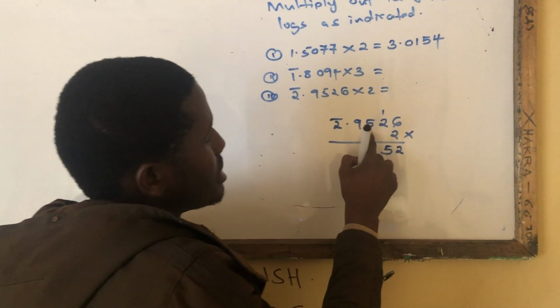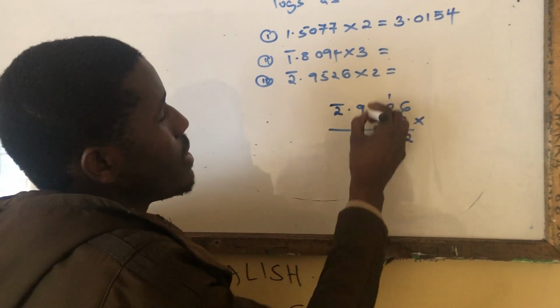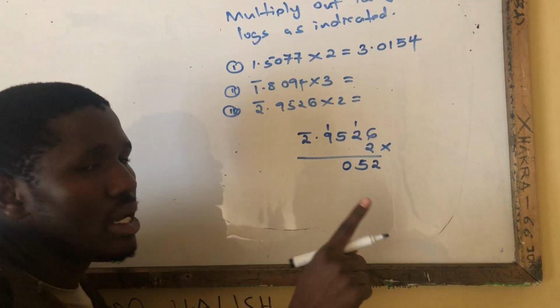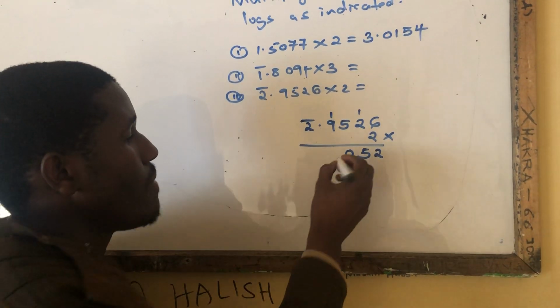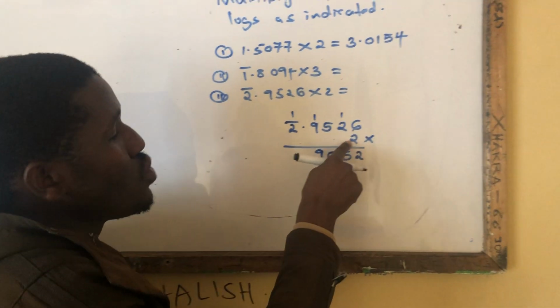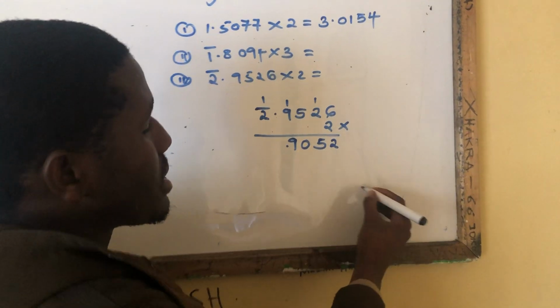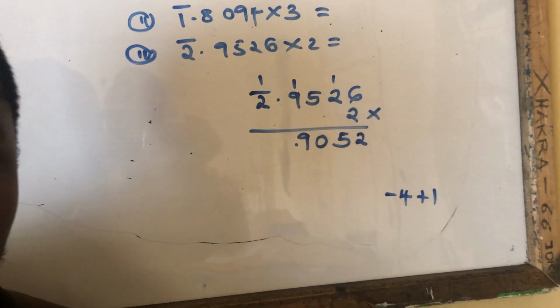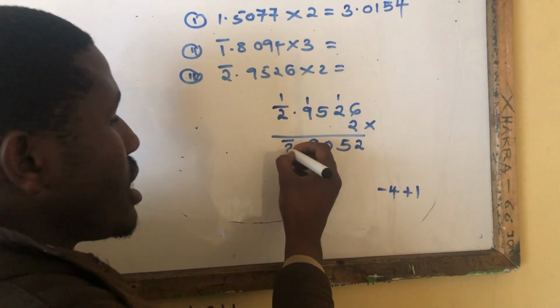2 times 5 will be 10. We'll write 0, then carry 1. 2 times 9 will give us 18, plus the one that we carried, that should be 19. We again carry 1. Then 2 times negative 2 will give us negative 4. Then add the one which we had carried. That should give us negative 3.